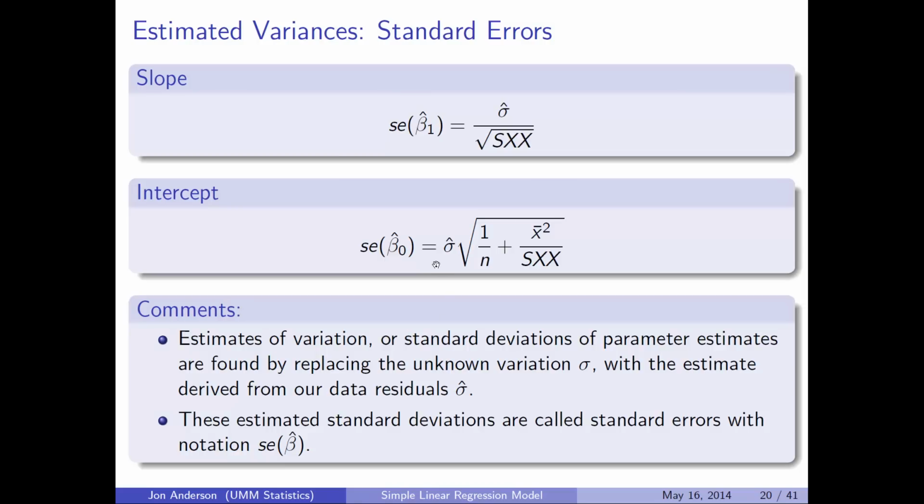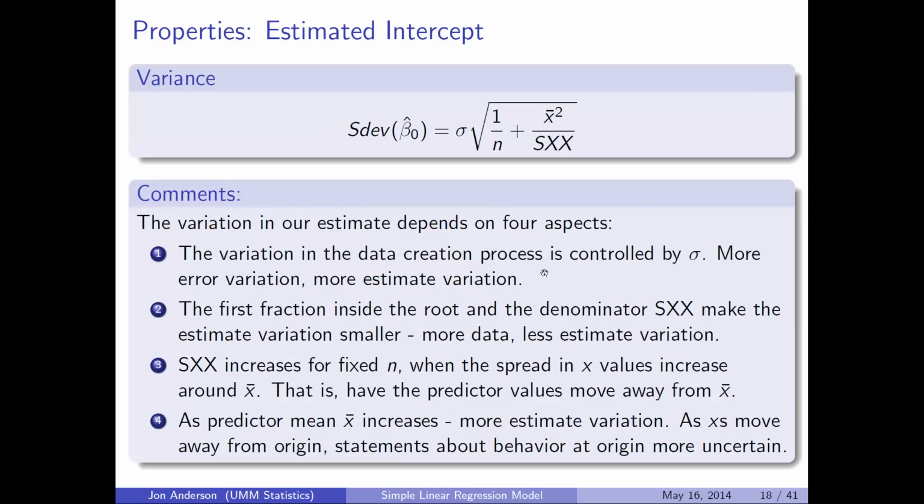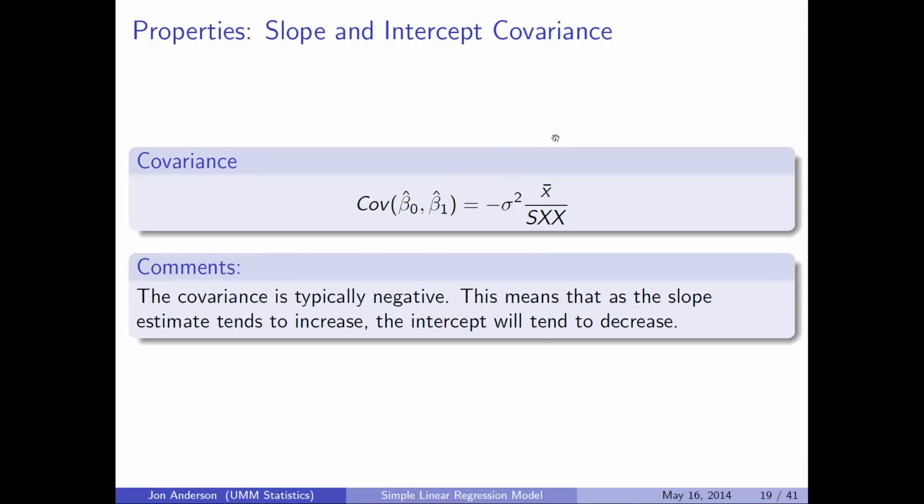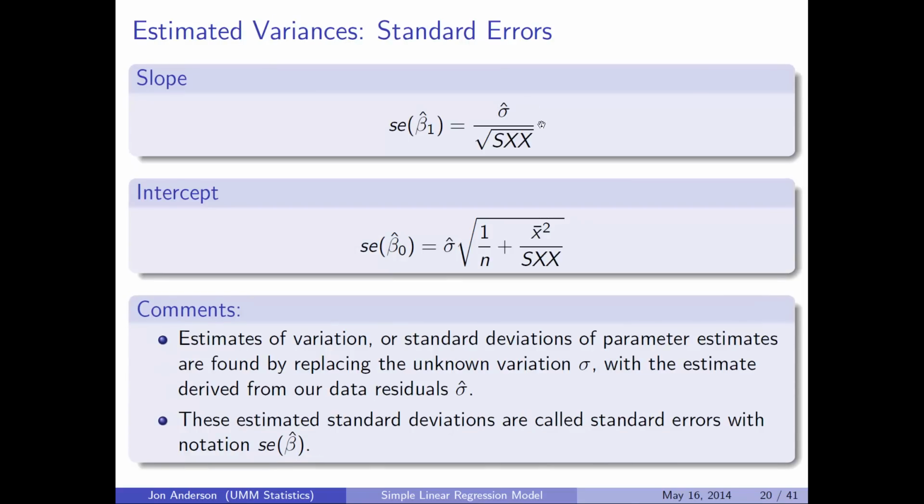We use sigma hat wherever we saw sigma in these previous formulas, like back on overhead 15. This is how much variation beta 1 hats will have. If we want a guess for how big that might be in a data set, we put in the data set estimate sigma hat, and you will get expressions for standard errors.